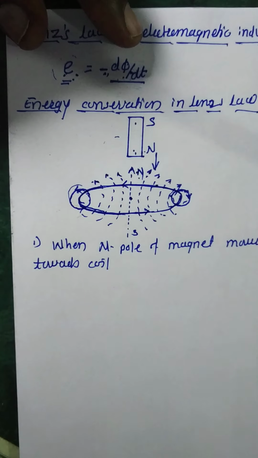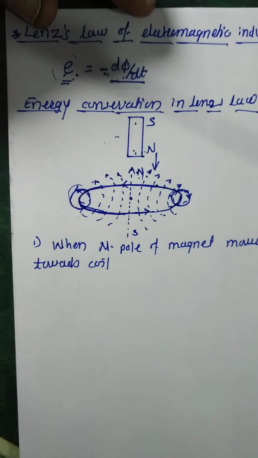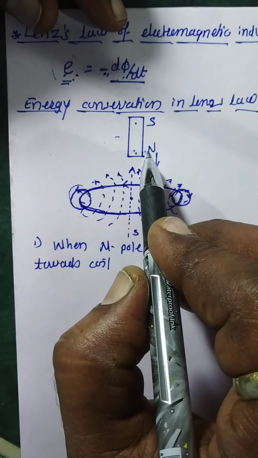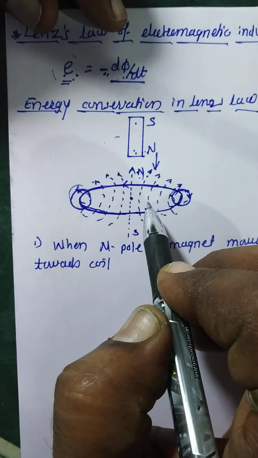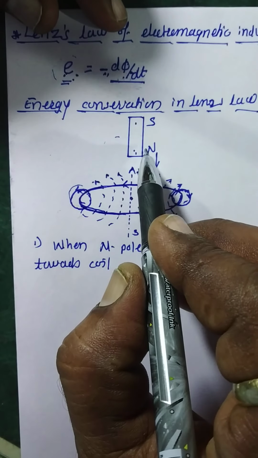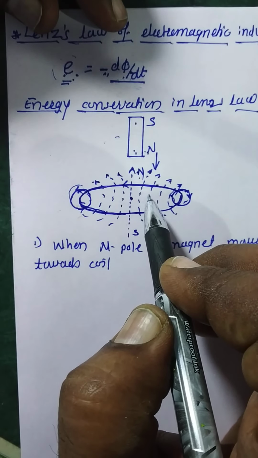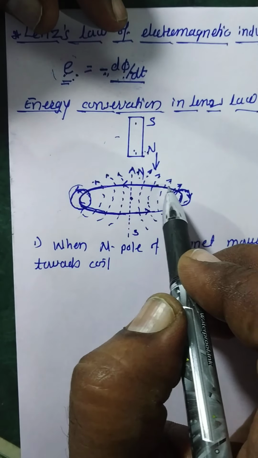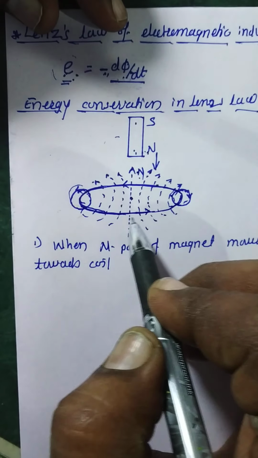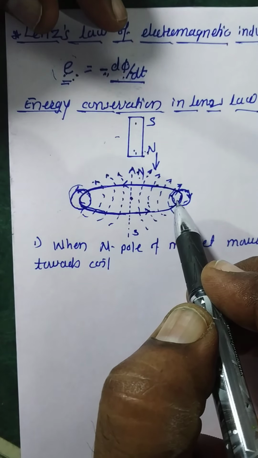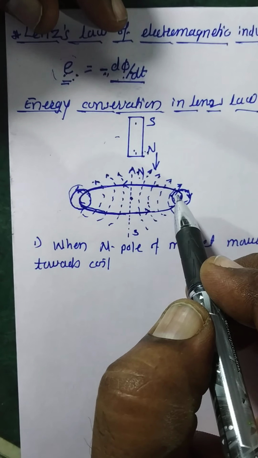बघा परत आहे ना, समजावून घ्यायचंय. When the N pole of the magnet moves towards the coil, then an EMF is induced in the coil, which produces a magnetic dipole.